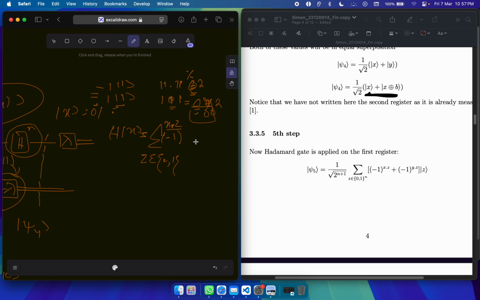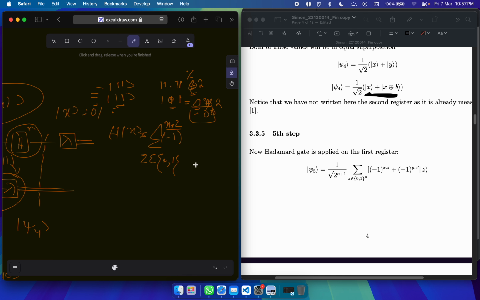So the amplitude corresponding to the input x, which gave us our f of x, is now in positive term, right? So this is a constructive interference. But when we have a negative sign, then that's a destructive interference, right?